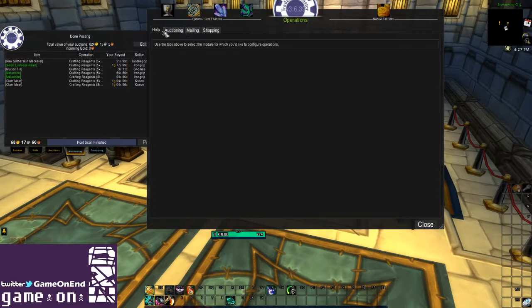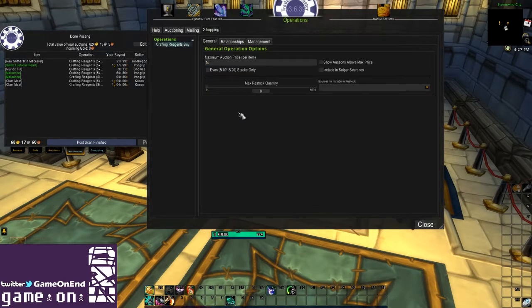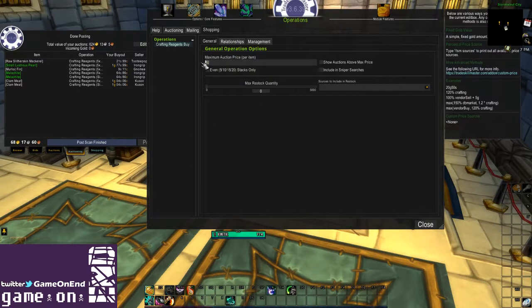These are our pricings, and click on shopping because this is buying, and we have this new operation that we made. Now we can do a lot of things here, and basically we can put in just a fixed price, but as we've seen before with the selling, that doesn't work too well when you're applying this to multiple items.